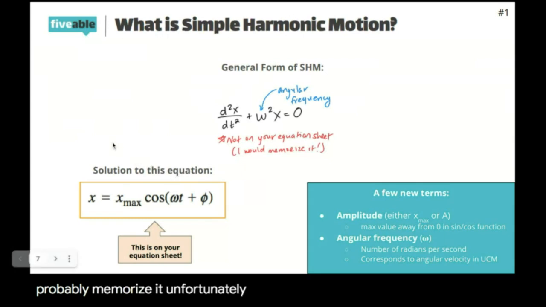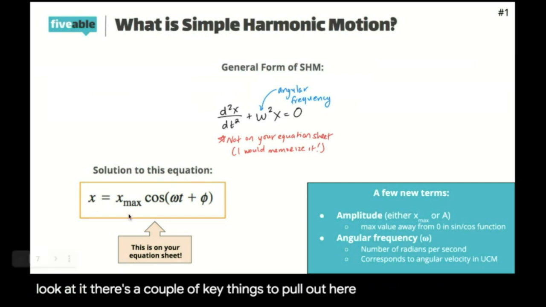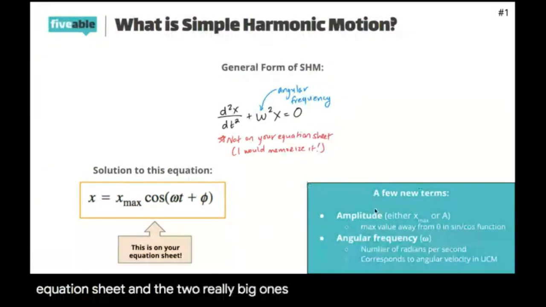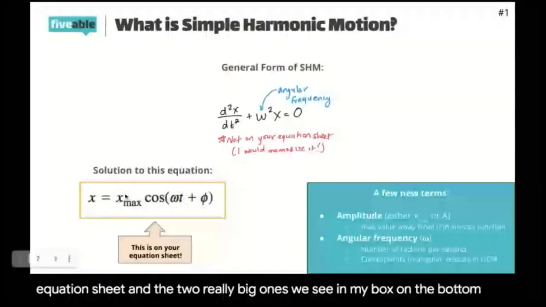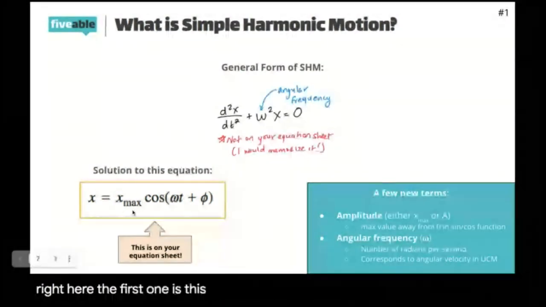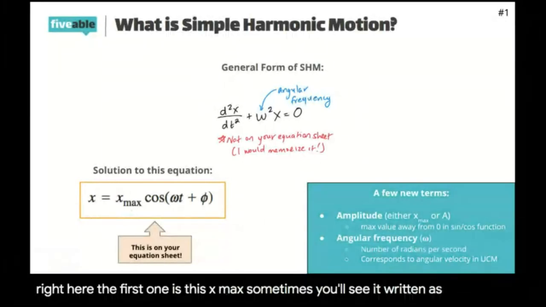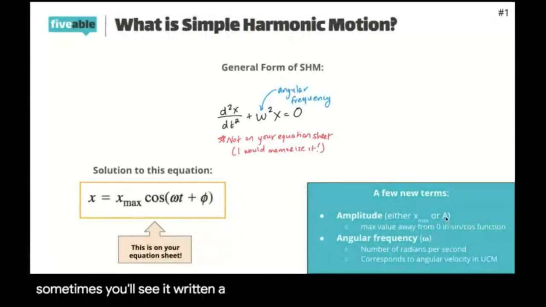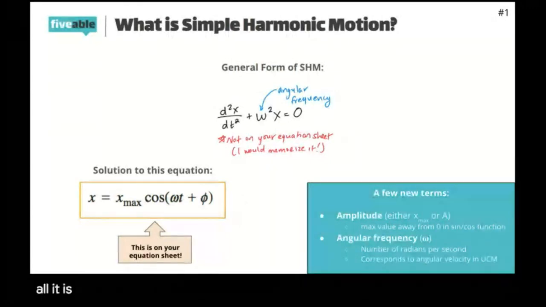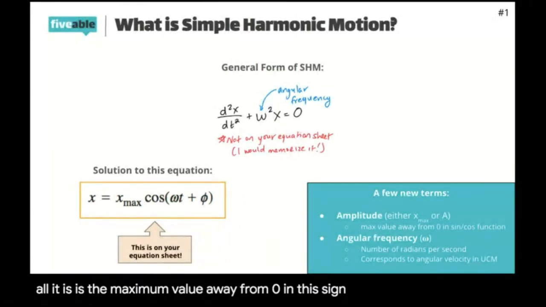Sorry, guys. Okay, so for the solution to the equation, there are a couple of key things to pull out here. Like I said, this is on your equation sheet, and the two really big ones we see are in my box on the bottom right here. The first one is this x max. Sometimes you'll see it written x max, sometimes you'll see it written A. Regardless, we call it the amplitude, and all it is is the maximum value away from 0 in this sine or cosine function.